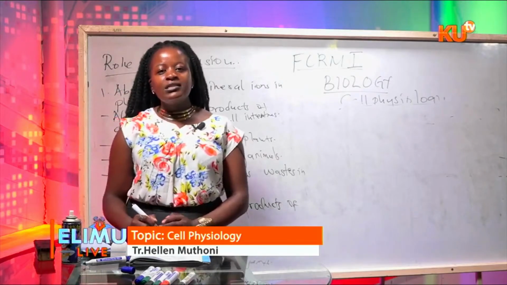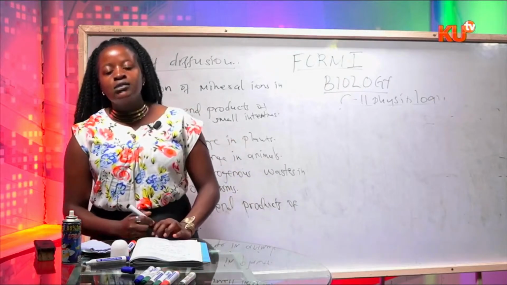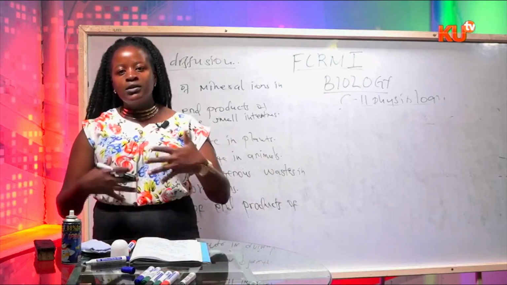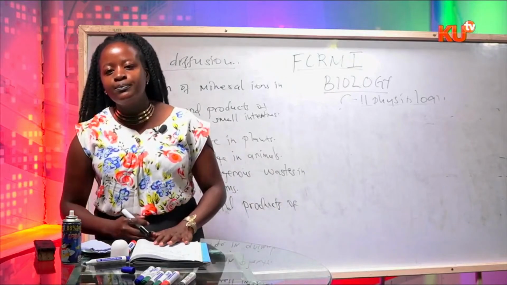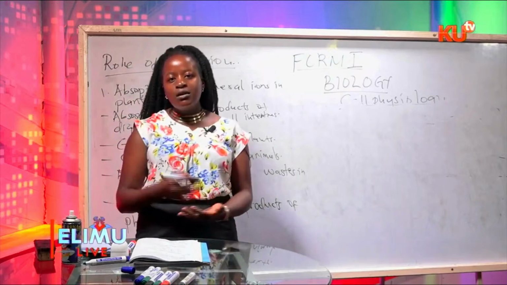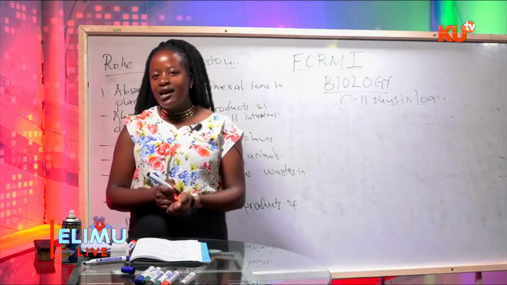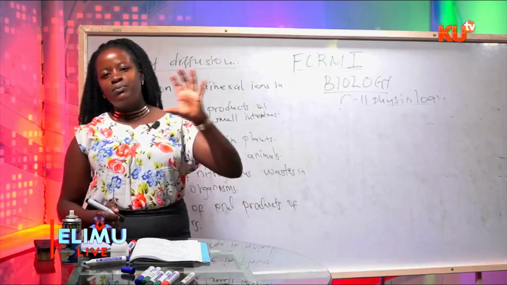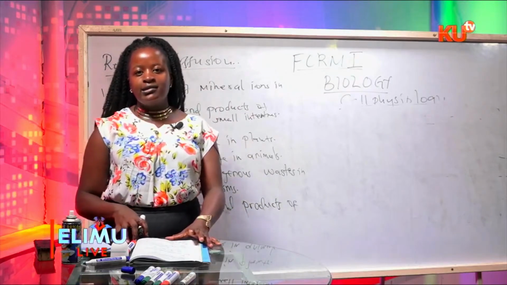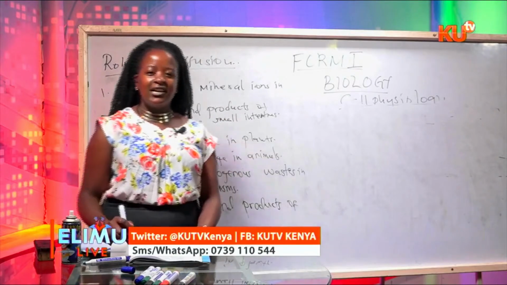The simple substances formed include glucose. So for glucose to be transported into the body, it first has to diffuse from the small intestines into the bloodstream. It is then transported to all cells where it is used for processes such as respiration.